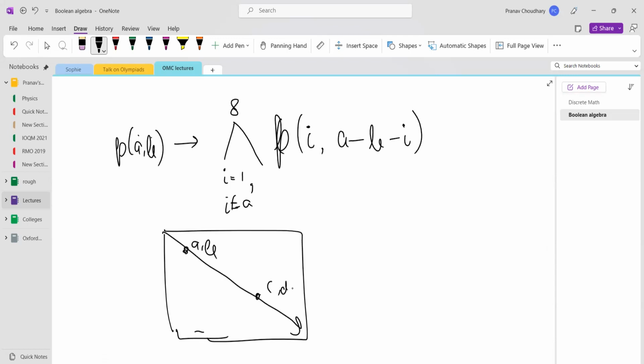If a comma b and c comma d are on this diagonal, then a minus b is equal to c minus d. So if there's a queen on a comma b, there shouldn't be any queen on these other cells, right? i goes from, okay, one more thing. Does i go from 1 to 8 always? Okay, yeah. There shouldn't be any queen on these things.